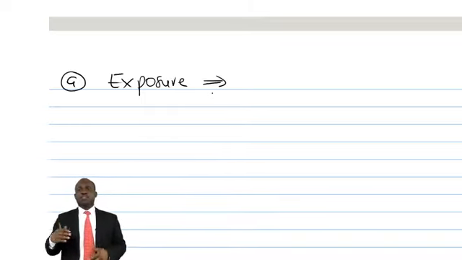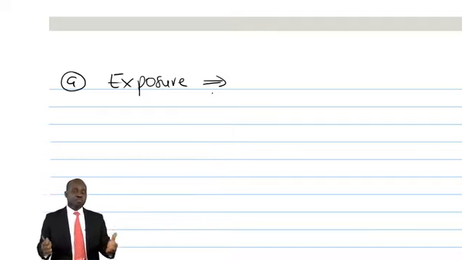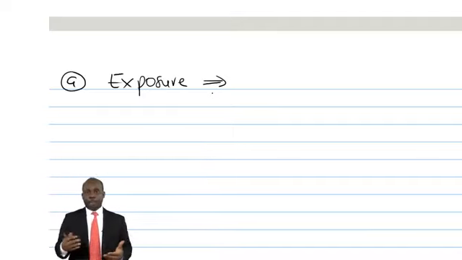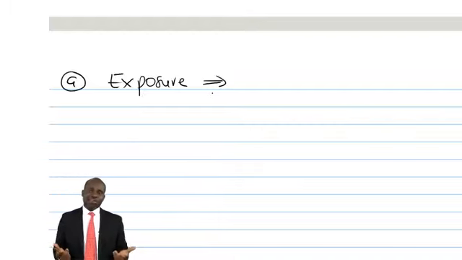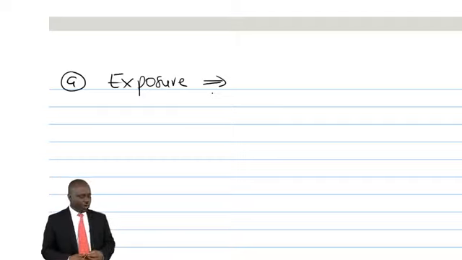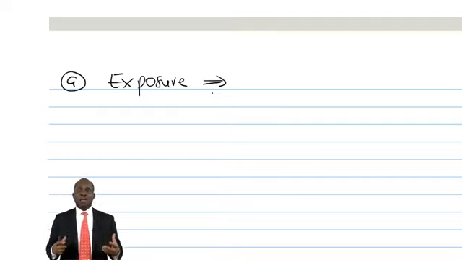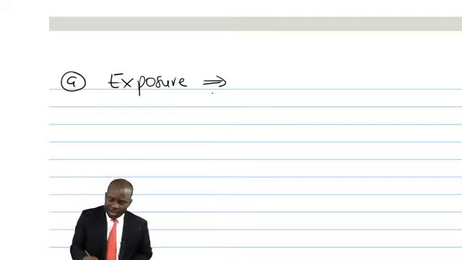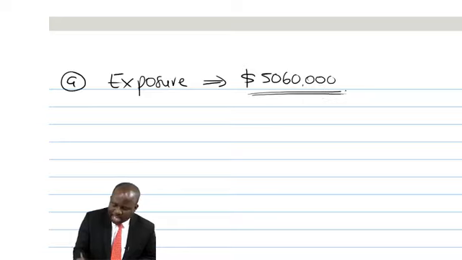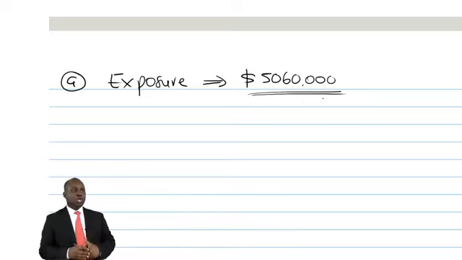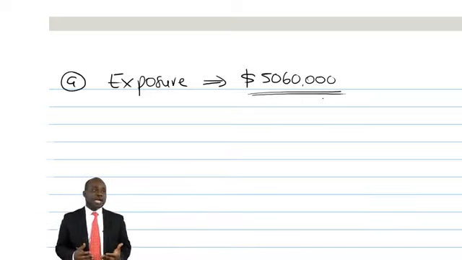The moment the dollar CHF exchange rate moves, we might be called upon to pay more or less. And that is what was defined as the transaction exposure when we were doing the lecture. So having got this transaction exposure of US dollars of 50-60,000, this is what we have to hedge. What hedging strategies can we use?